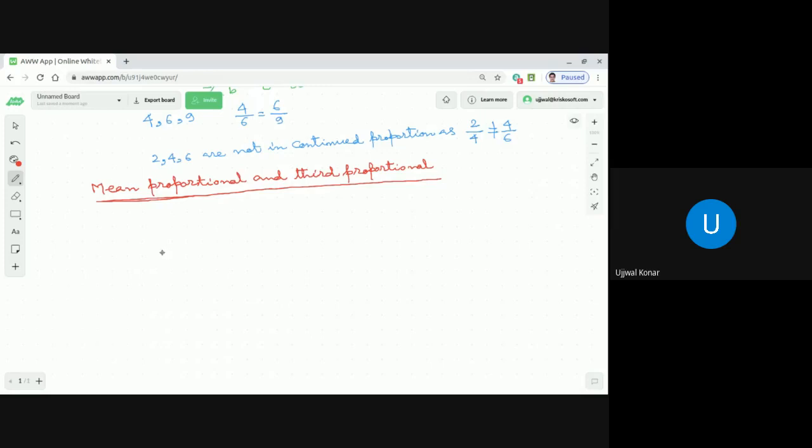So let us consider that A, B, C are in continued proportion.